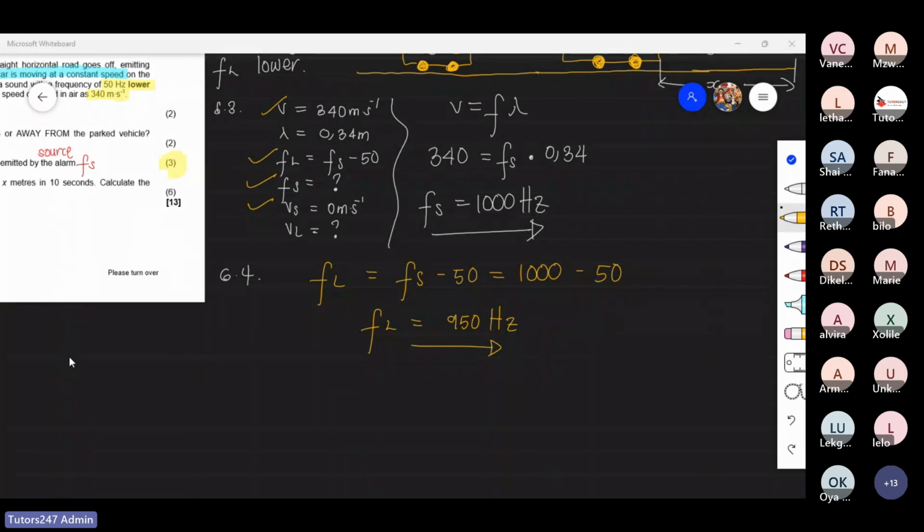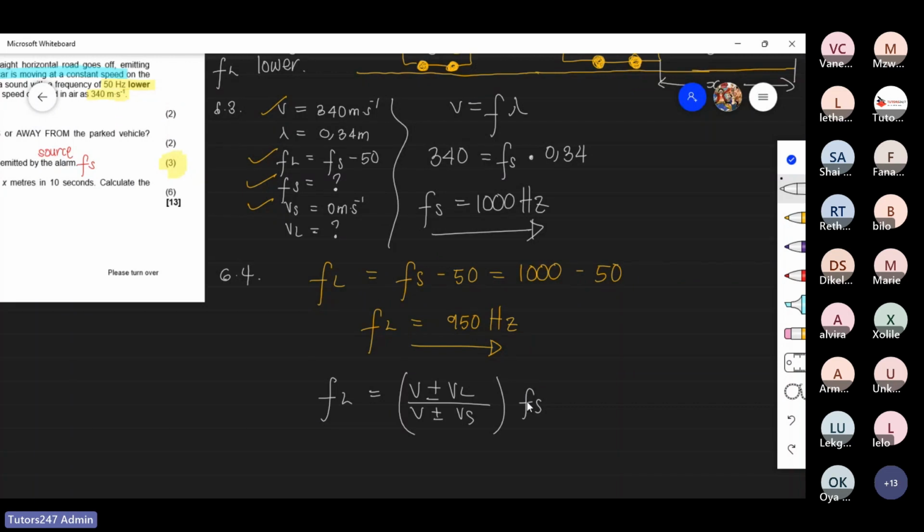It is now possible to use that equation. So let us start by writing the equation. It is FL equals (V plus or minus VL) all over (V plus or minus VS) times FS.